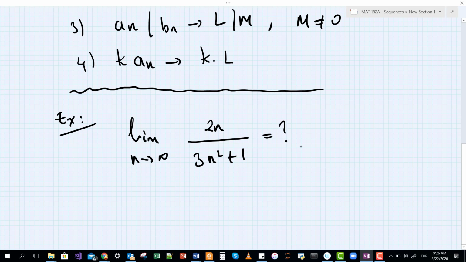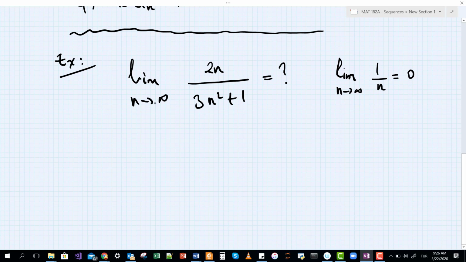So if I am asked such a question, I can use the main limit theorem, but first of all, I should remember one of the main sequence limits. We proved that. So I know the limit of 1 over n is equal to 0.